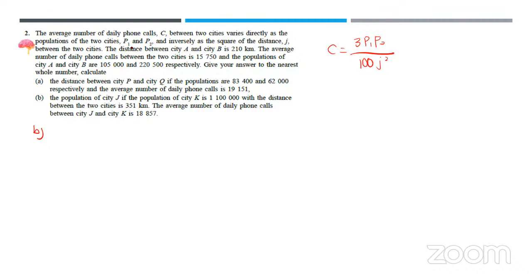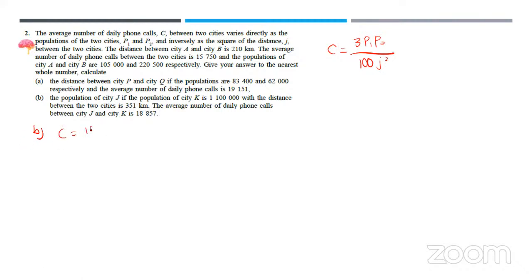The average number of daily phone calls is... okay, so P1 and P2 you can just equate to either one. It doesn't matter if you sub in 1.1 million into P1 or P2. But first of all, let's express it in terms of either one of those. So I'm going to choose P1.